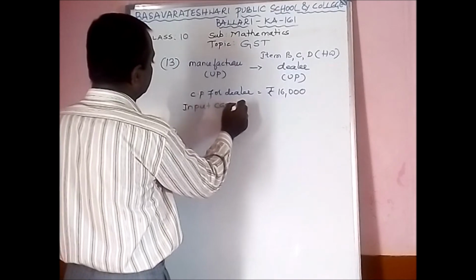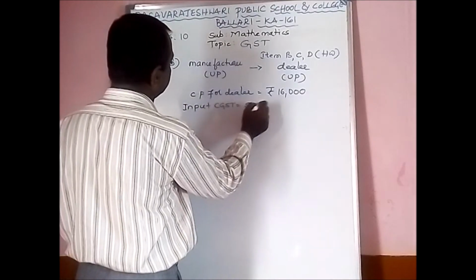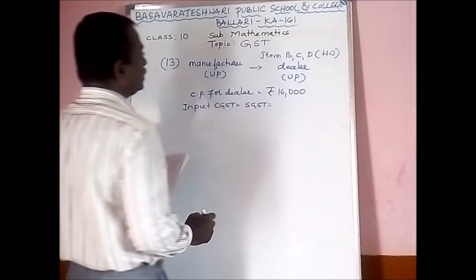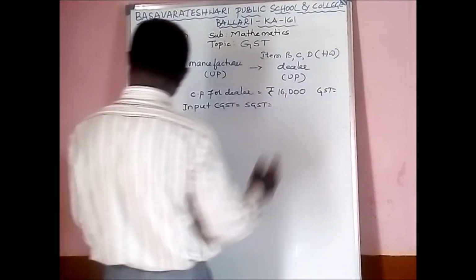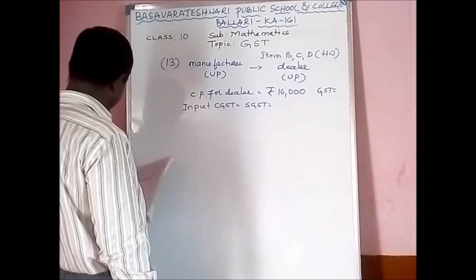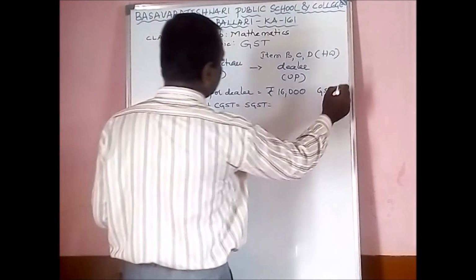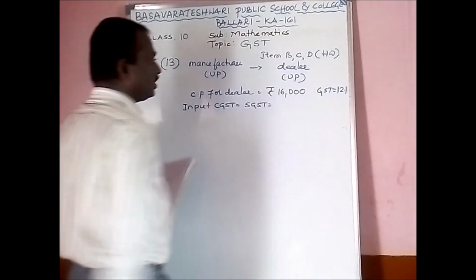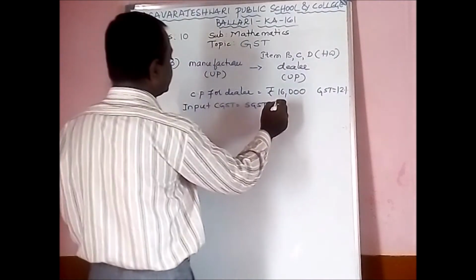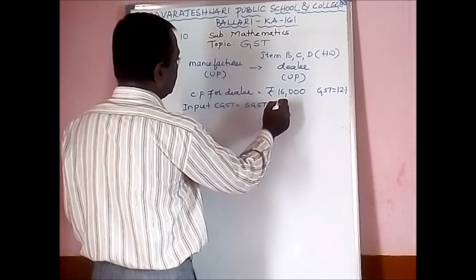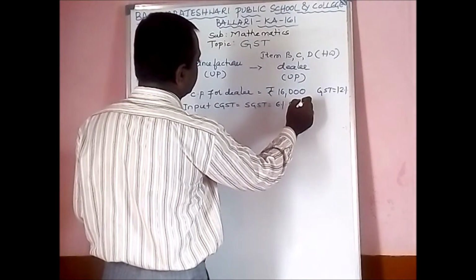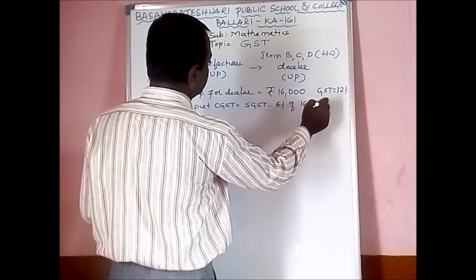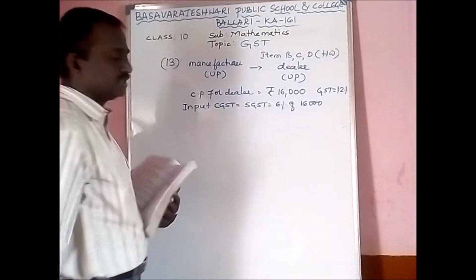CGST is equal to SGST, both are the same. So what is the GST rate? The GST rate is 12%, they told. 12% means 6% and 6%. 6% of 16,000, because we have to find out CGST and SGST separately.